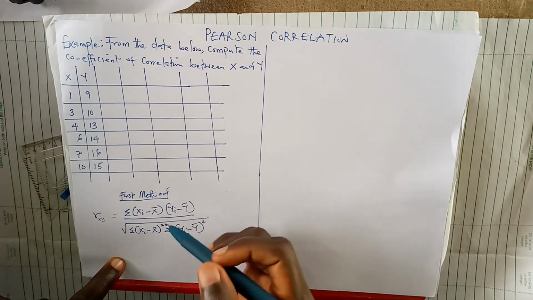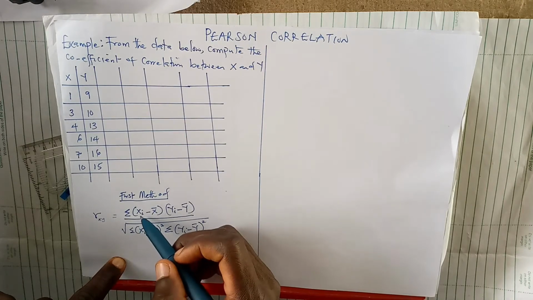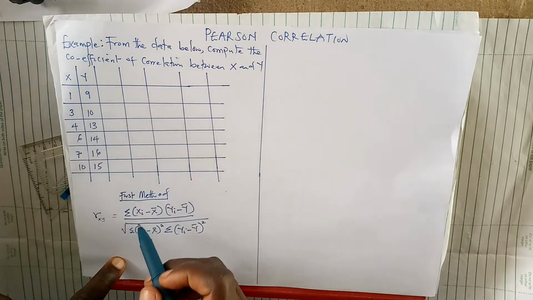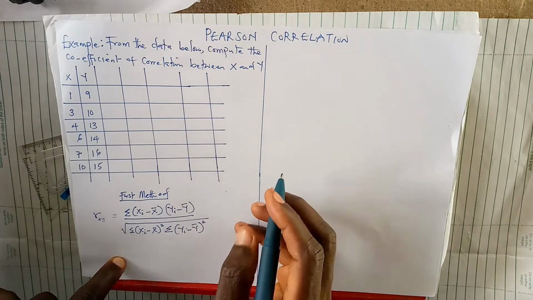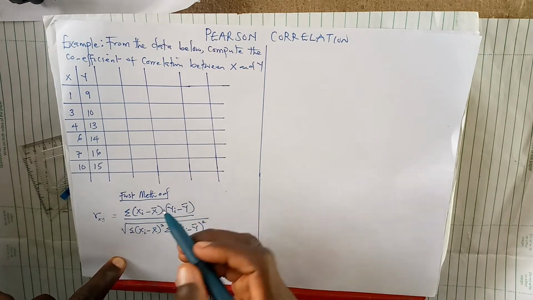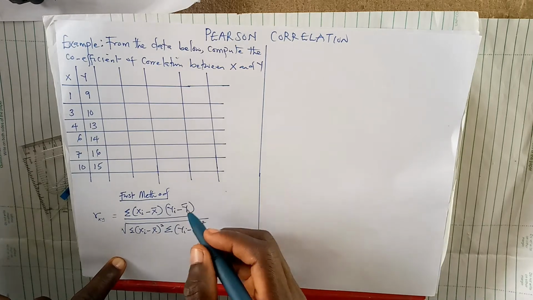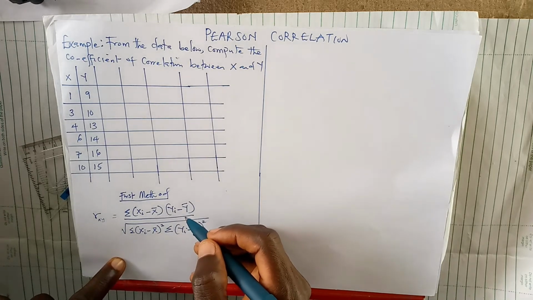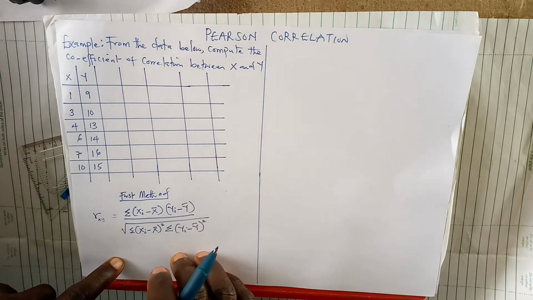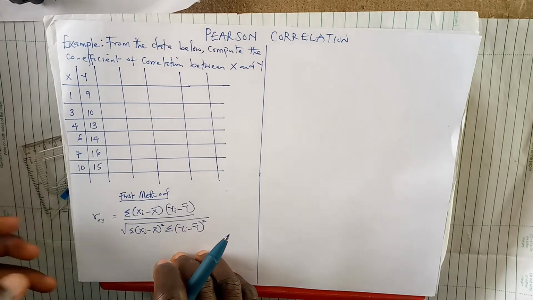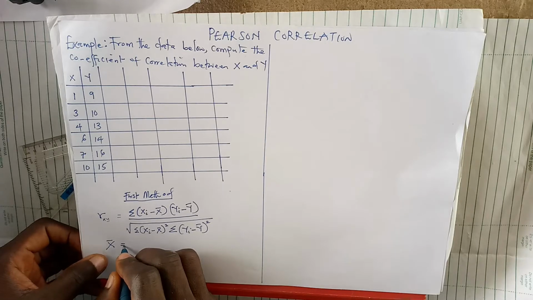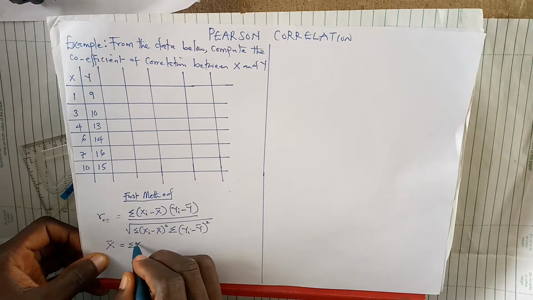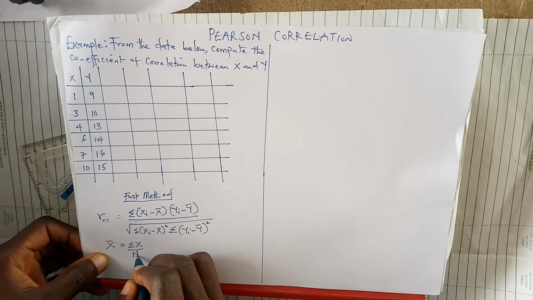Now, what it is telling us is that each value of x here, we're going to subtract from the mean of x, which means before we can even do anything, we need the mean of x and we also need the mean of y. The mean of x is given as x bar equals summation x divided by n.